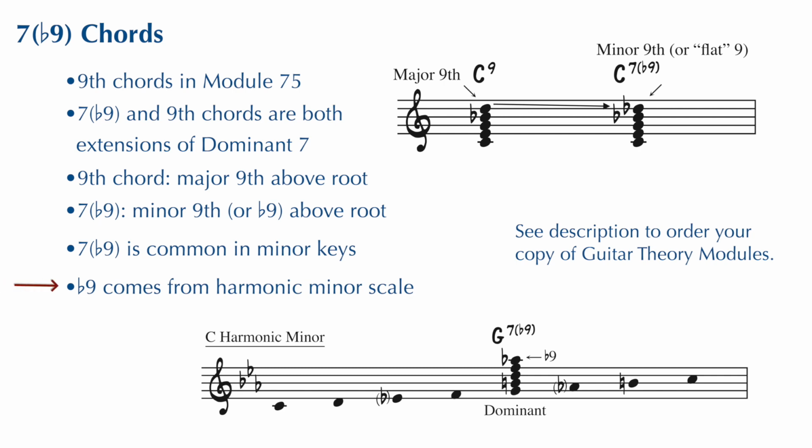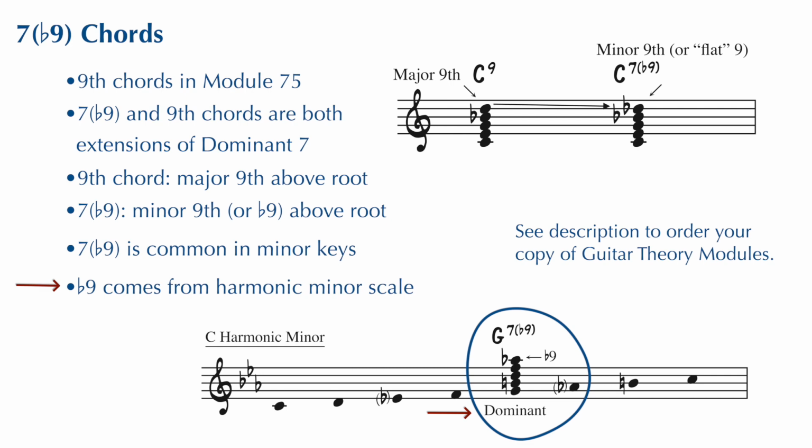The flat 9 part of the 7 flat 9 comes from the harmonic minor scale. For example, here's where a G7 flat 9 gets its flat 9. And keep in mind that this G is a dominant of C minor, so this is all going to be an extension of the dominant 7 chord.